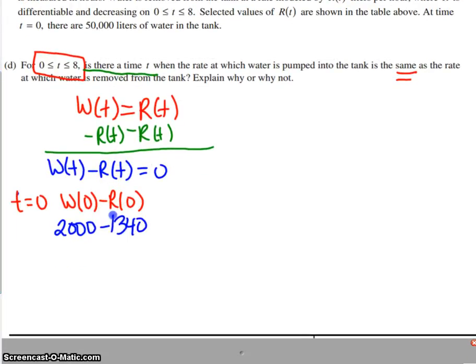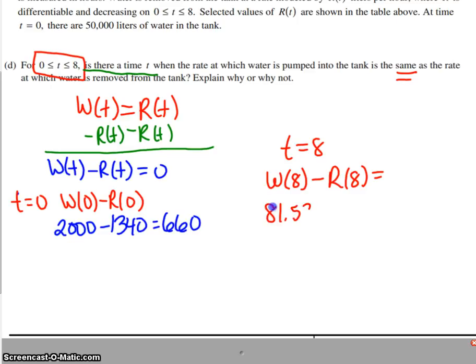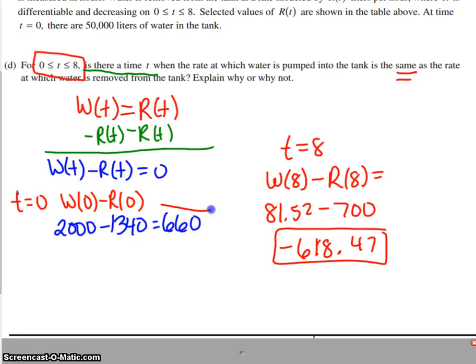When I subtract, I get 660 at time equals 0. Now at time equals 8, W of 8 minus R of 8, W of 8 is 8152 minus 700, will give you negative 618.47. And remember, we're trying to find a time where W of t minus R of t is 0.